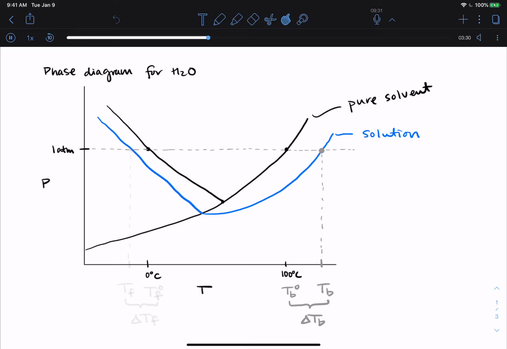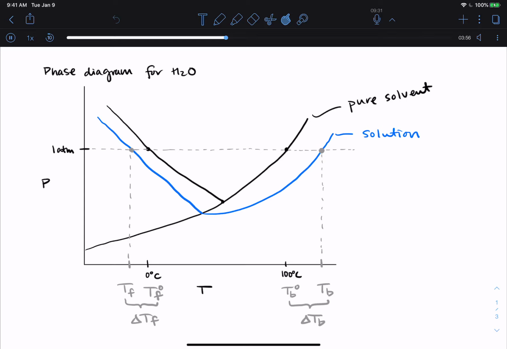If we do the same for the freezing point, we mark our pure freezing temperature first, and then our new freezing temperature, we've got a delta T_F. Our freezing temperature for the solution is lower than the freezing temperature for the pure solvent.